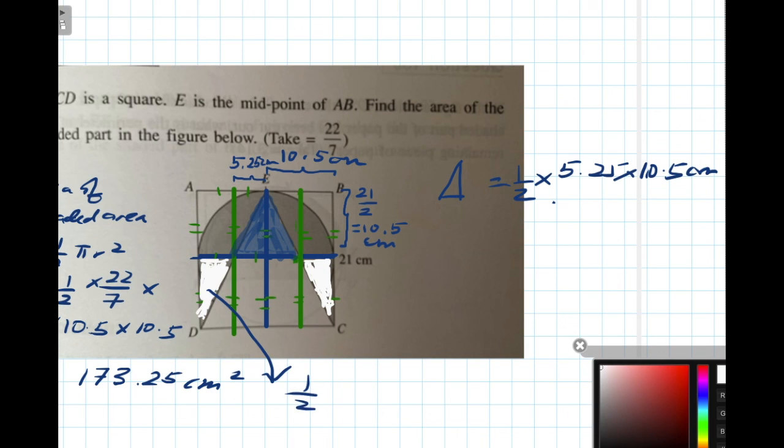It's half times 5.25, right? Times what is this? Because here is 10.5, right? The total is 21. Here is 10.5 times 10.5. So can you see that the area of this portion is actually the same as the area of this portion? So I can switch this shaded area out, and then I can clearly see that actually the total shaded area is just a semicircle.